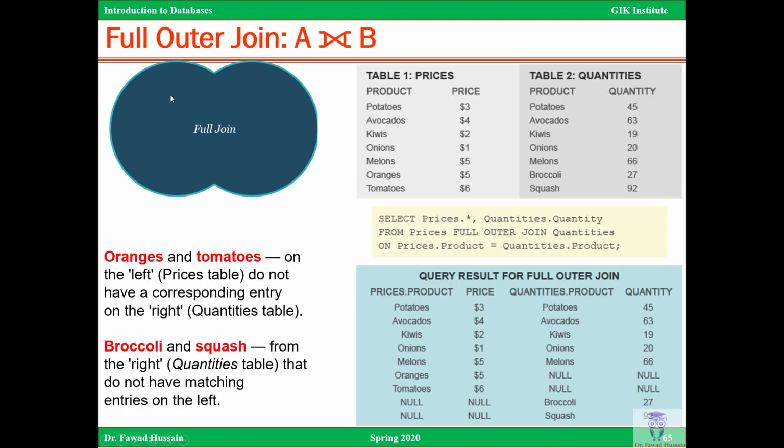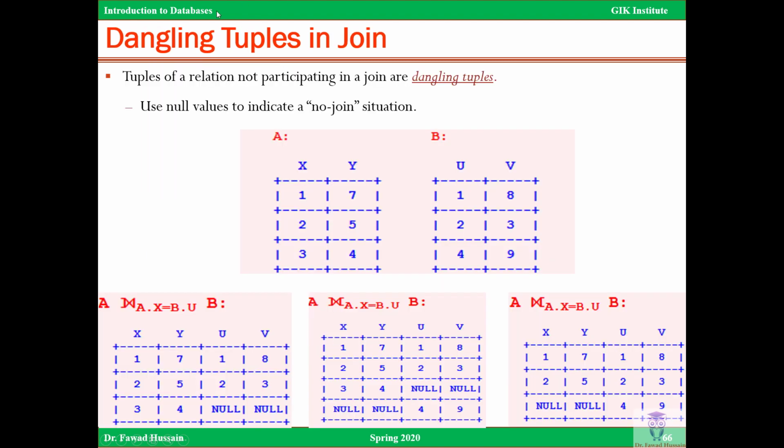So it's just a combination of the left outer and the right outer, and the intersection is only repeated once. So those rows that come as a result of either including the rows on the left with no matching values in the right, or the rows on the right with no matching values in the left, or both in case of the full outer join.